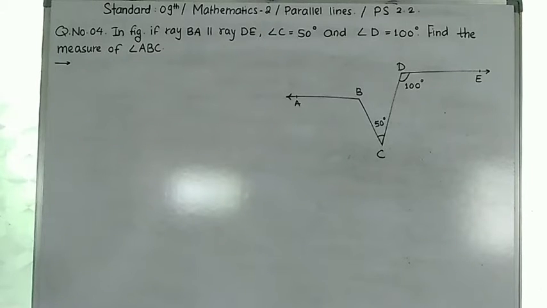In figure, if ray BA is parallel to ray DE, angle C is equal to 50 degrees and angle D is equal to 100 degrees, find the measure of angle ABC. What is given to us?